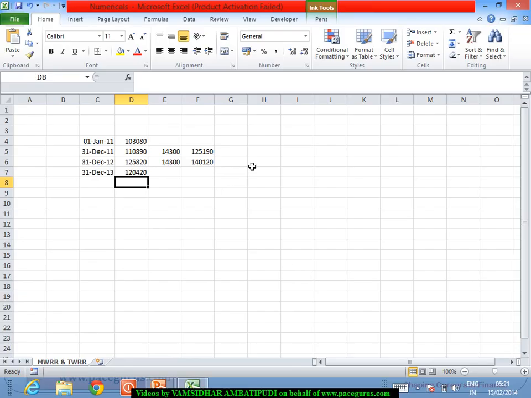Okay, let's try seeing that. Let's assume that this is the money weighted rate of return.